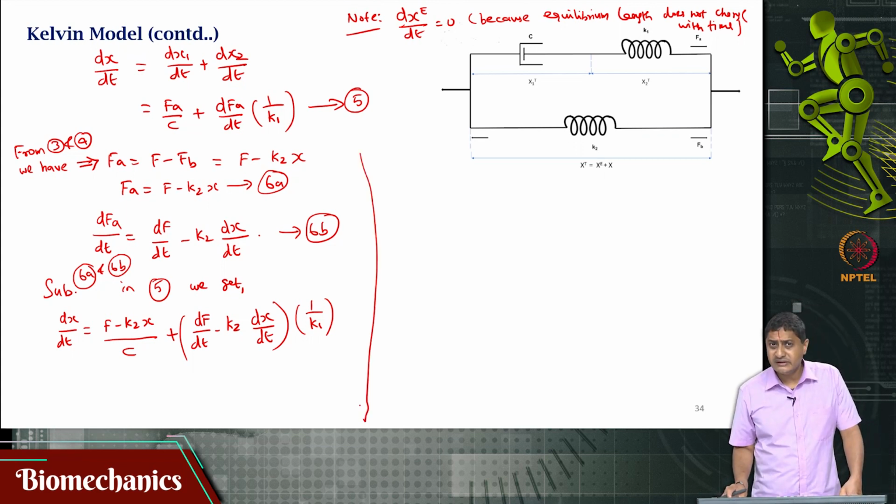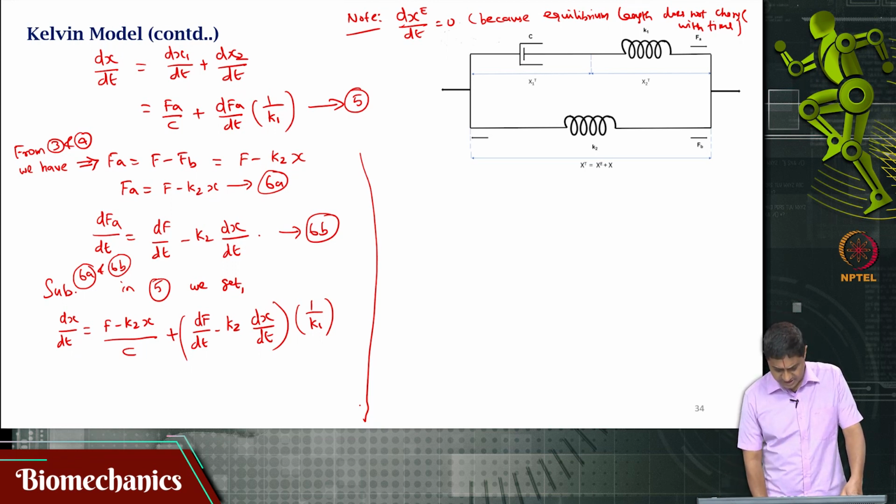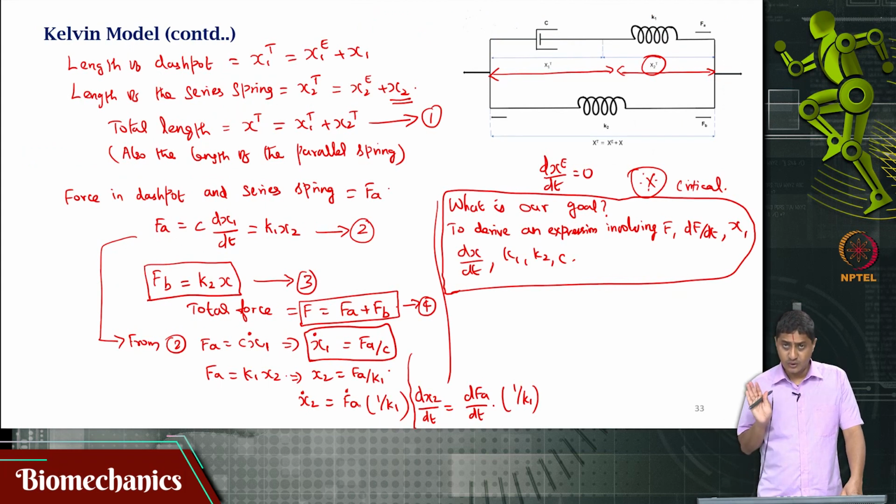I do think that we have reached our goal. What is our goal? Let us go back and recheck our goal. My goal is to have an expression connecting force rate, deformation rate, K1, K2 and C. Only these I want. I do not want FA, FB, X1, X2.